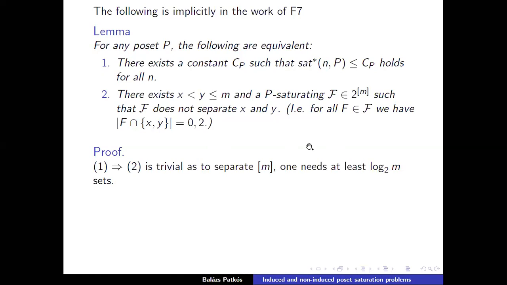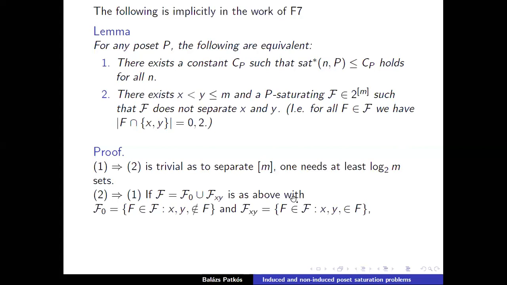So if we have only a family of constant size, then for large enough m, it won't be able to separate, because this log m will surpass this constant. Okay, the other direction is just an observation.